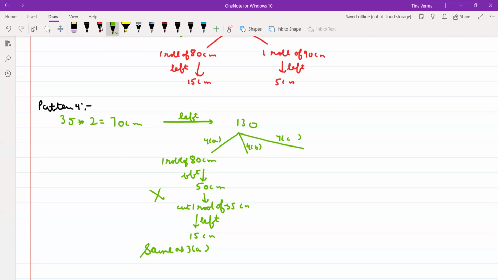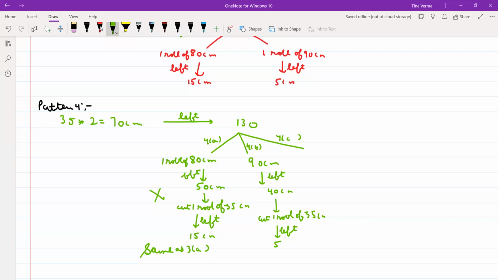Next pattern is if you cut 90 centimeter, then you are left with 40 centimeter, but you cannot waste. So that means you have to cut one roll of 35 centimeter. So that means you are left with 5 centimeter. तो 35 के कितने rolls हो गए? 3. 90 का 1.